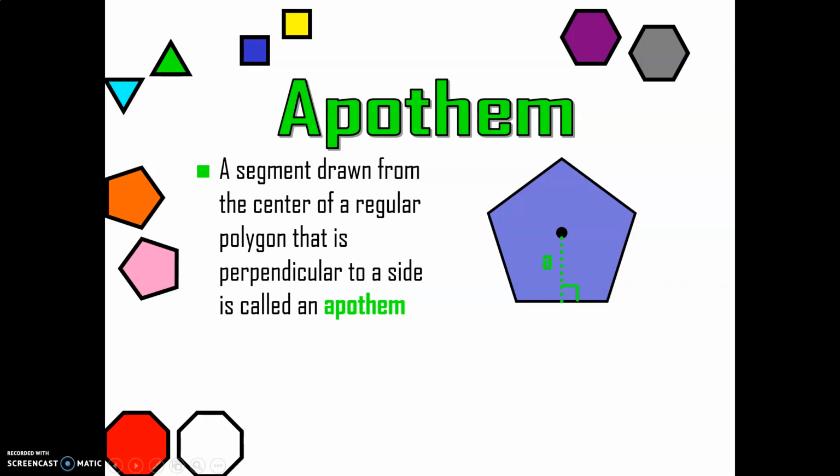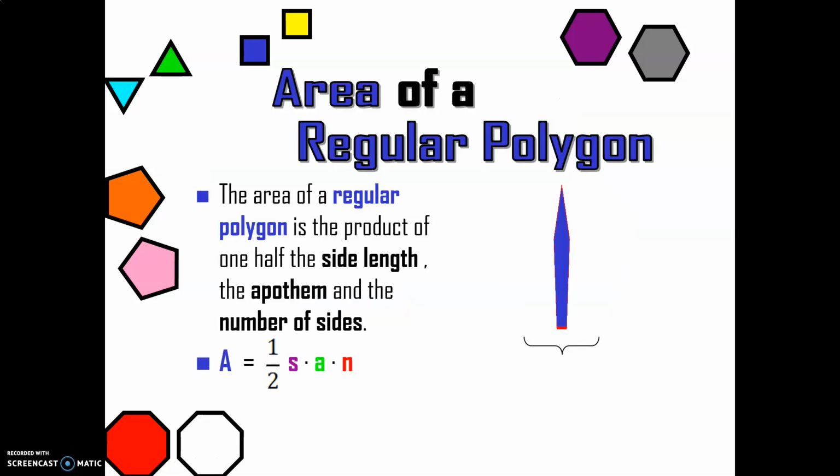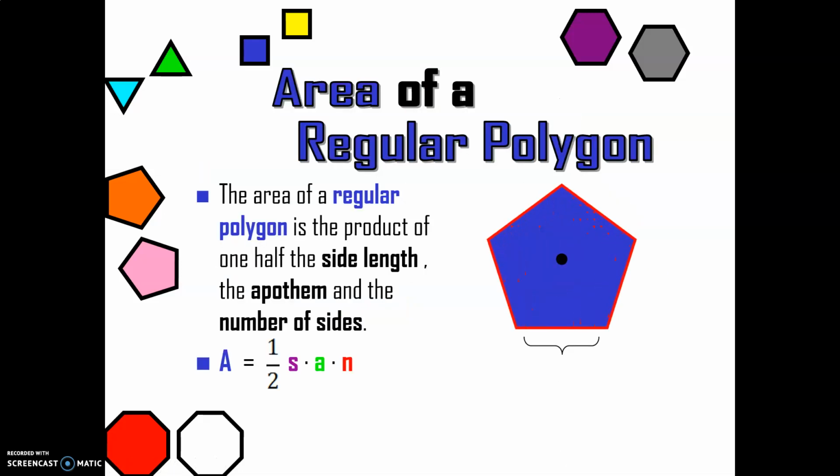All right, so now the area formula for a regular polygon is given by 1/2 side length, 1/2 s, so it's the length of this side, times the apothem, times the number of sides. So this formula is given as 1/2 SAN.